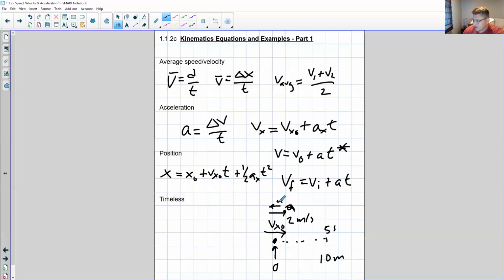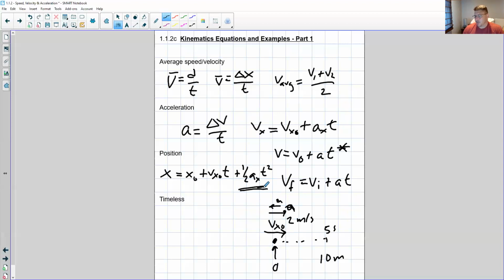Then we would have initially been going at 2 meters per second, but slowing down, and we would have gone less than 10 meters. In fact, if the acceleration is great enough, we might have turned around and gone the other way. So it's really important to note the effect of acceleration here, but to understand that this is sort of a correction factor, based on whether or not the object is accelerating.